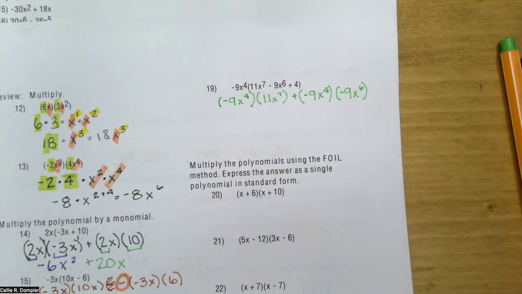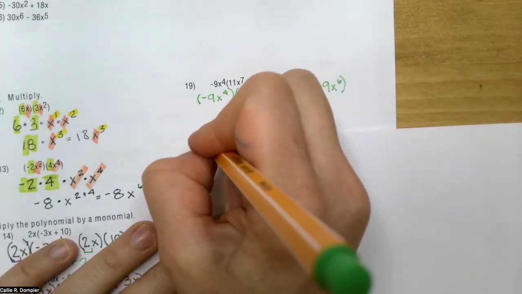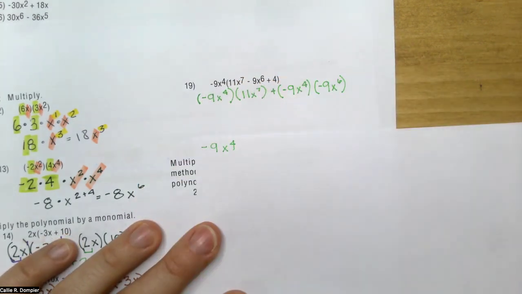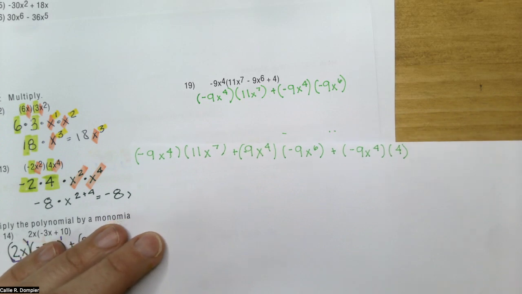Right, I'm starting over. That's too obnoxious. Cannot abide it. All right, didn't want to make you watch me write all that.